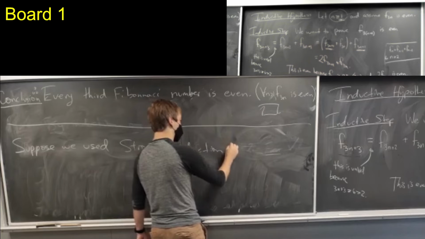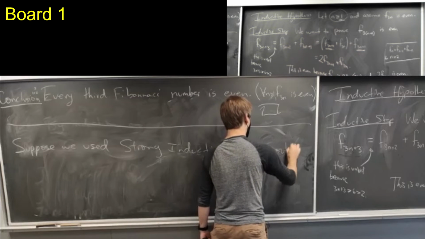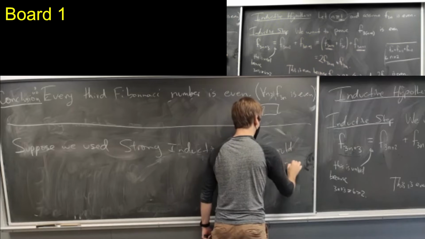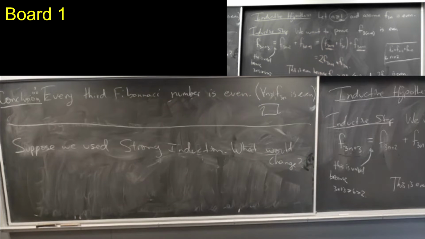Let's just talk about what would change. What would we do differently? The whole proof is almost exactly the same, but there's actually just one spot we would change what we wrote. I don't know if this question is even clear, but does anyone know what we would change?